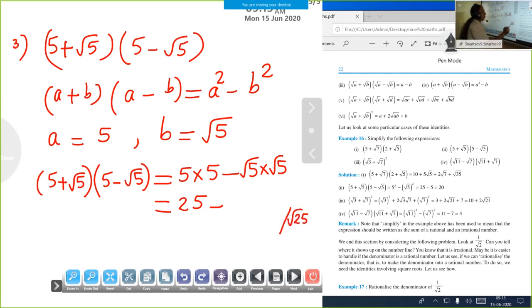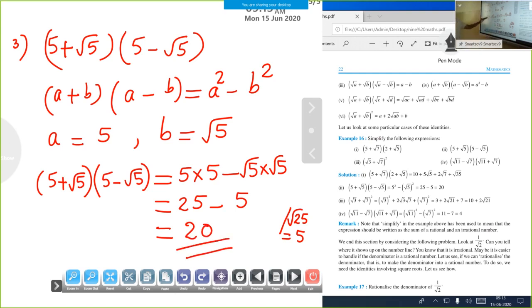We know the value of √25 is 5, so √5 into √5 is 5. Again, 25 minus 5 is equal to 20. Here the answer is 20.